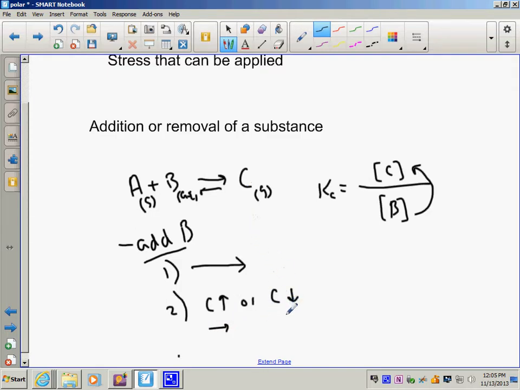For C to decrease would mean we have to shift towards reactants. So in this case, they're not asking which way you're going to shift, they're asking how that shift affects C. Addition of B is going to cause a shift to products, and therefore our C will increase. That's another way you could answer your problem. So addition or removal of reactants or products is a pretty common question to be asked for Le Chatelier's principle.